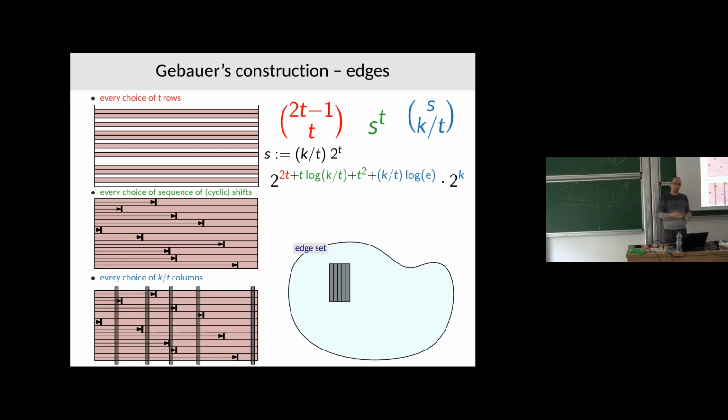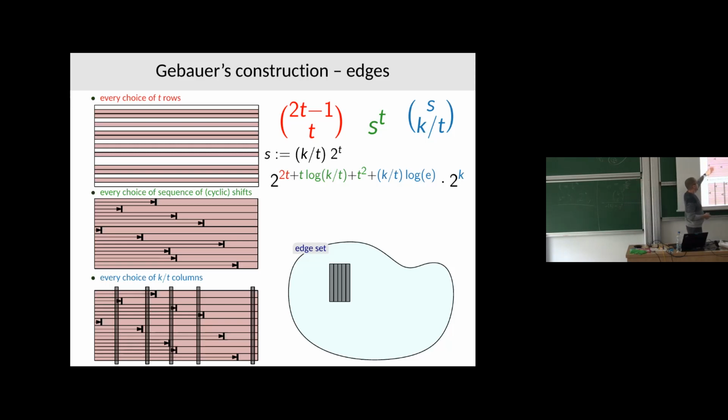And this is quite obvious, because if we choose these shifts randomly, then the expected number of monochromatic columns is exactly k/t. It's just because S is this value, right? So the probability that one column is monochromatic is like 1/2 minus 1.